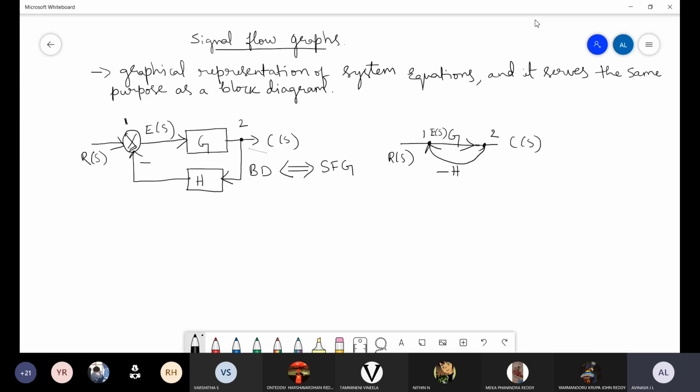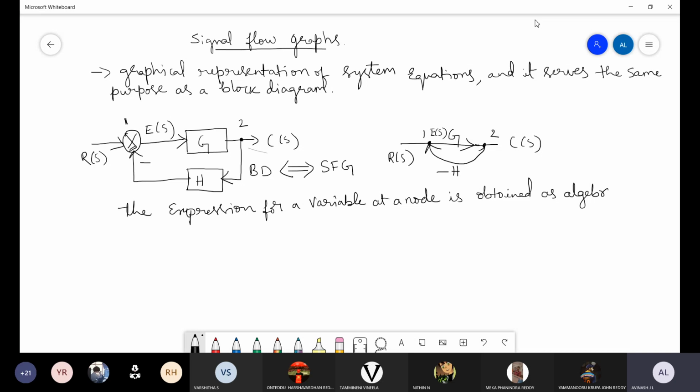Now, if you want to write down the expression for a variable at a node, I want everyone to write this one, because this is a very important concept. Later, if you just write the equation, you will not understand why and how we wrote it.